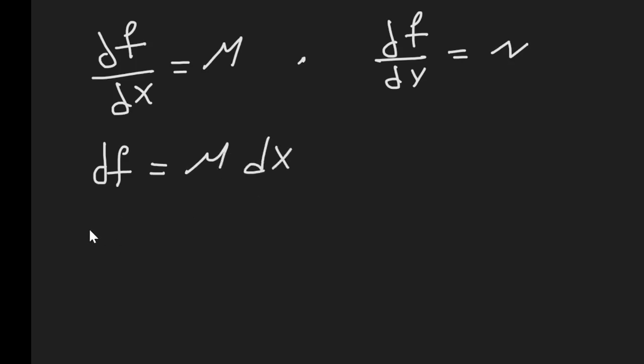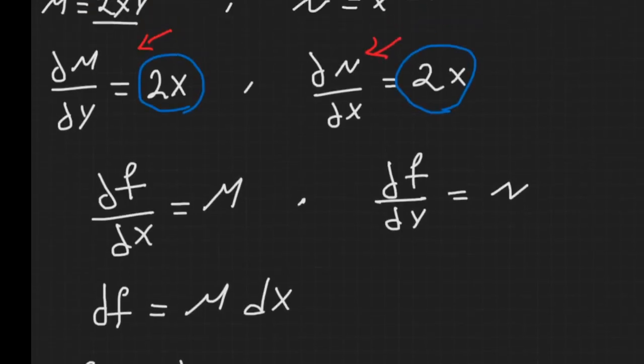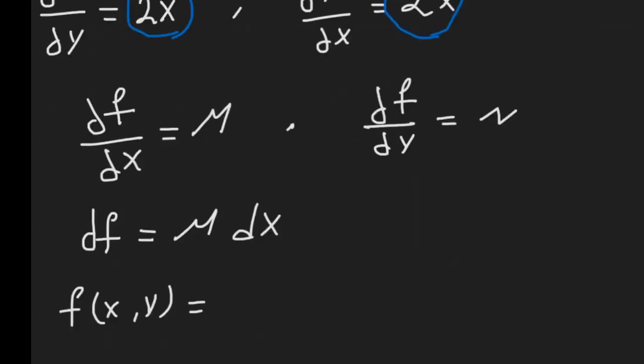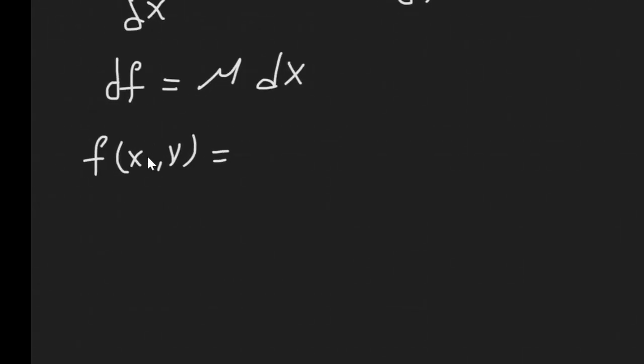df is basically a function in terms of x and y, and we found m to be 2xy. So we have 2xy times dx.